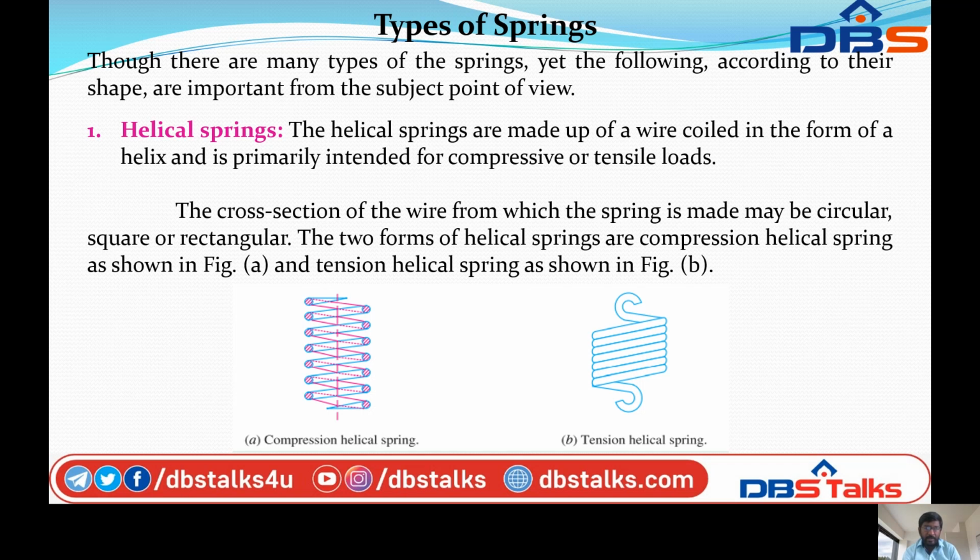So this is the compression spring. When load is applied to the top or bottom, the spring will be compressed, so this type of spring is called a compression spring. It is used in bike seats and in front of the tires; the compression spring is used for vehicles. Now the tensile helical spring.